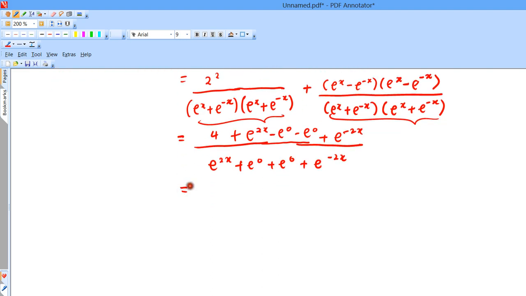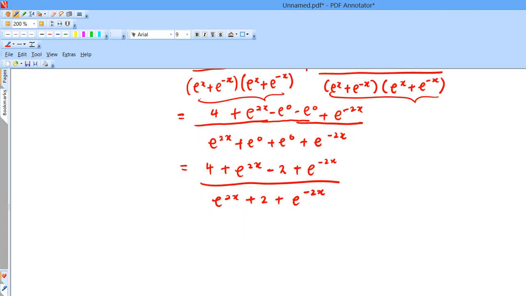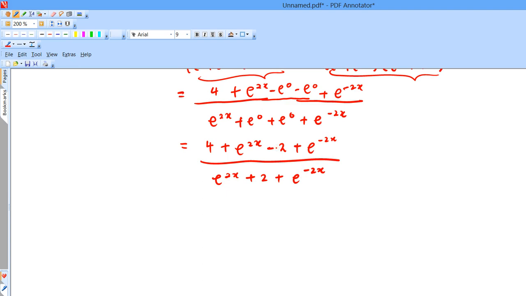And then if you simplify this one, you get 4 plus e power of 2x minus 2 plus e power of negative 2x divided by e power of 2x plus 2 plus e power of negative 2x. And then we have constant 4 minus 2 equal to 2.